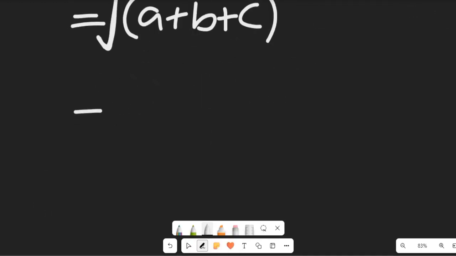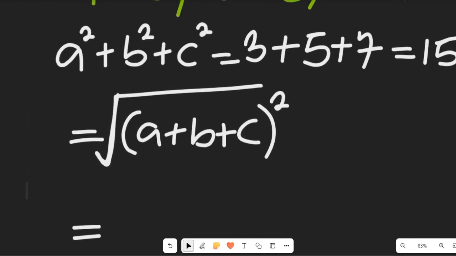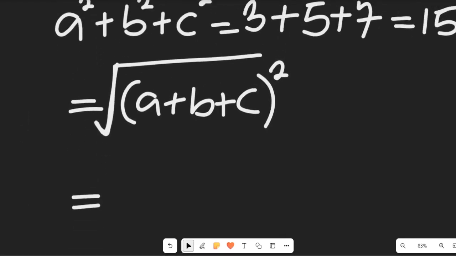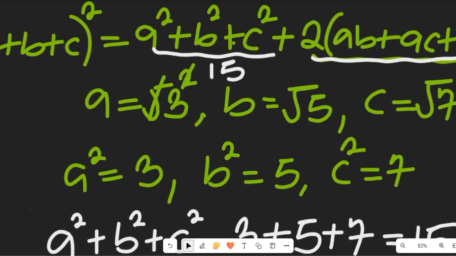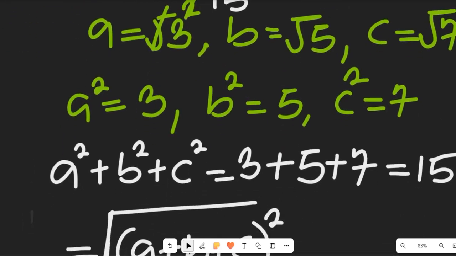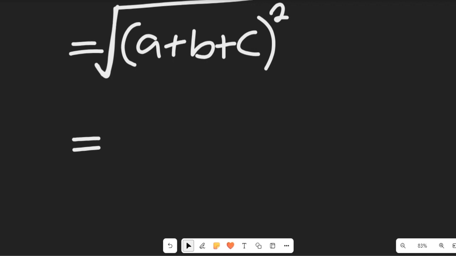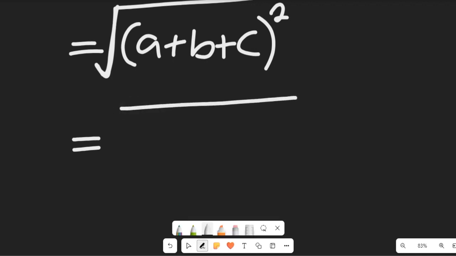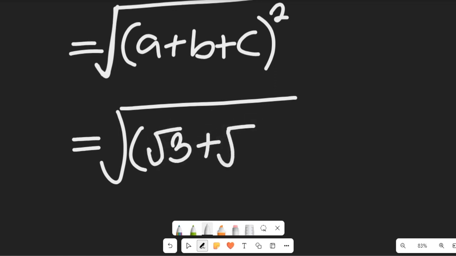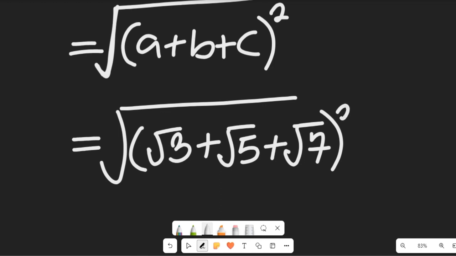So this can be equal to a plus b plus c, where a is root 3, b is root 5, and c is root 7. So we'll have the total square root of (root 3 plus root 5 plus root 7) all squared. From this expression, you see that the square root can clear the square.